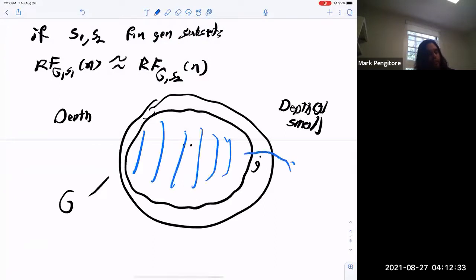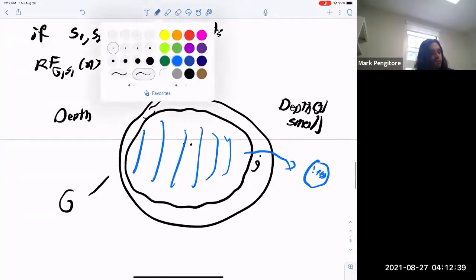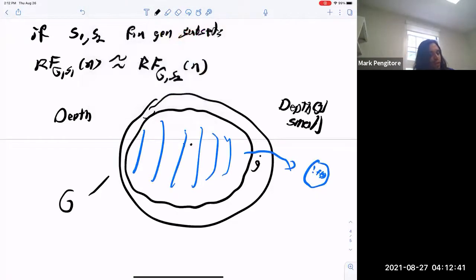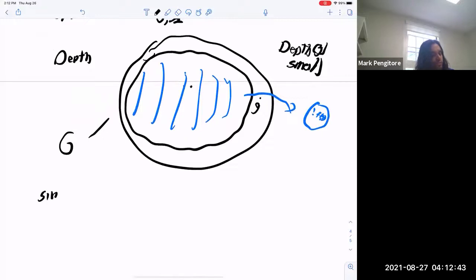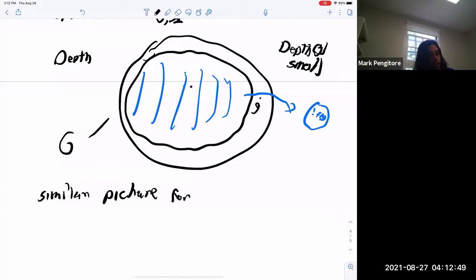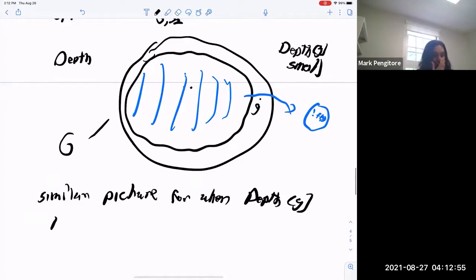And this corresponds to going to a small group here. And you have a similar picture for when the depth of g is large.